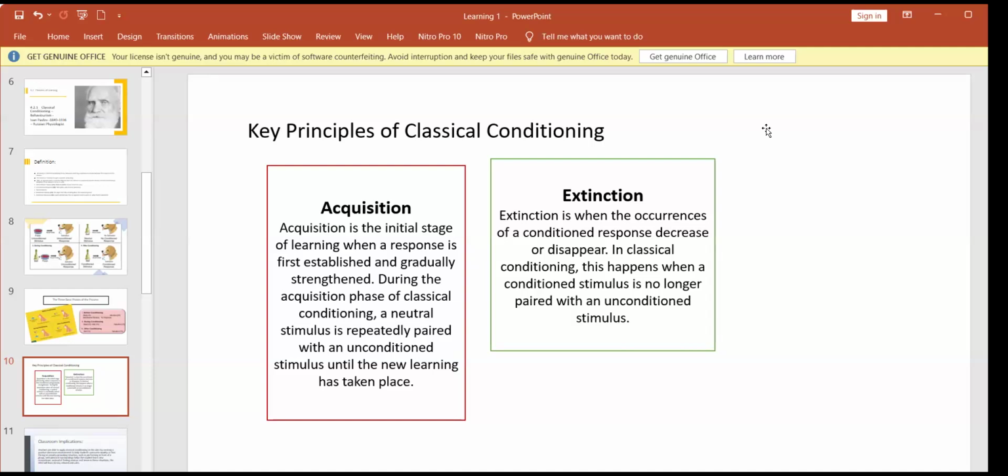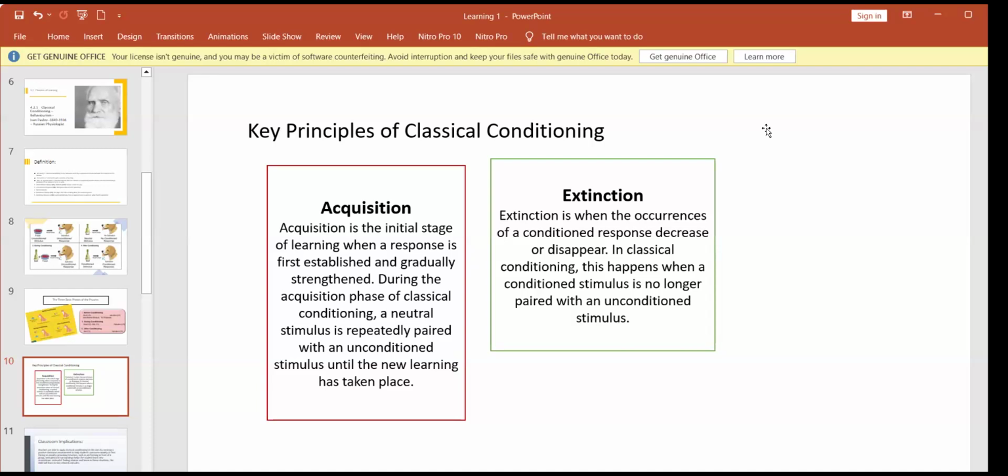For example, in the dog's experiment, as there is no more food paired up with the bell, the dogs might unlearn the salivation for the bell. It might disappear. Okay.